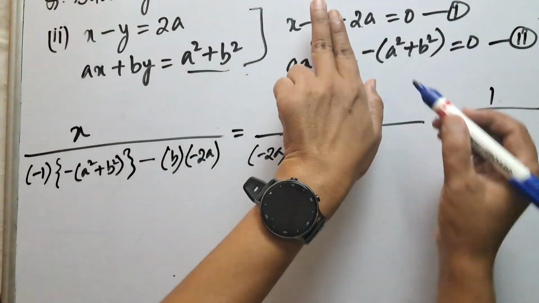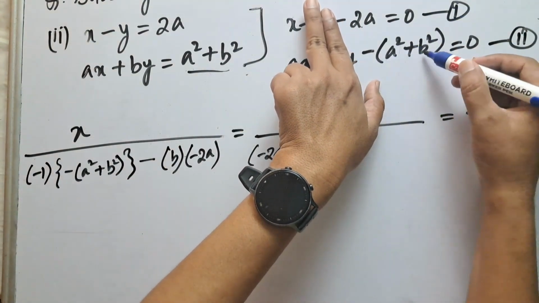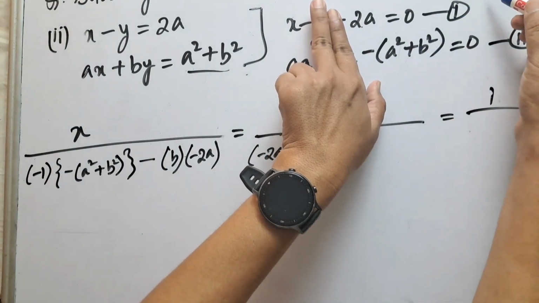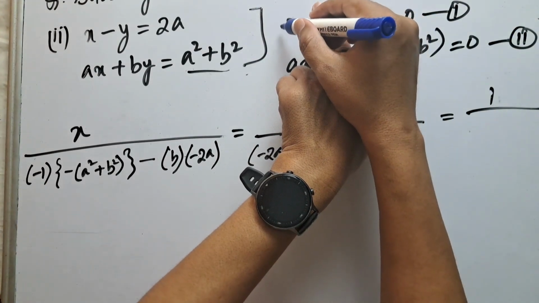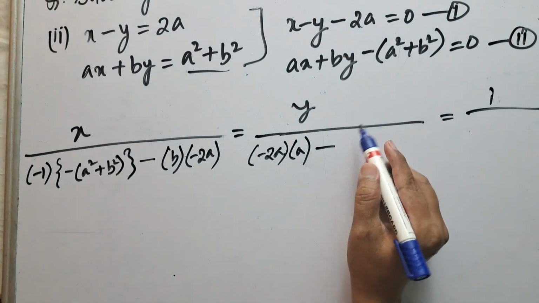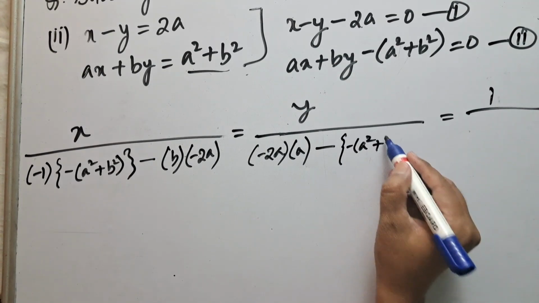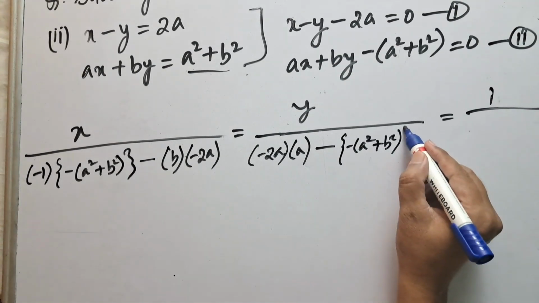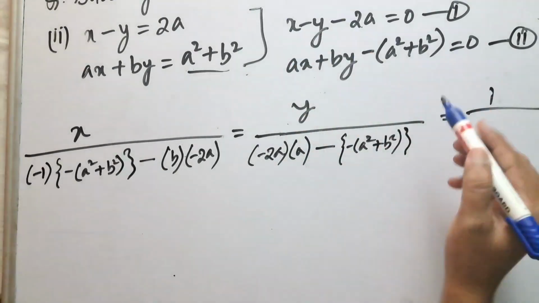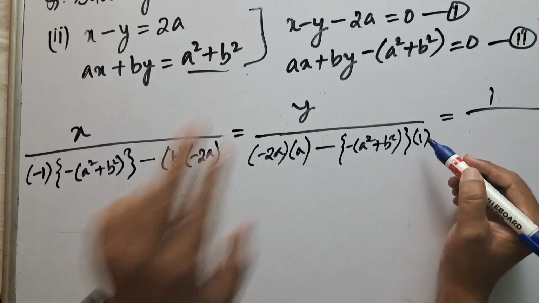After that we multiply upward, so minus a square plus b square and the coefficient of this x, that is 1, so minus a square plus b square into the coefficient of x is 1, isn't it?